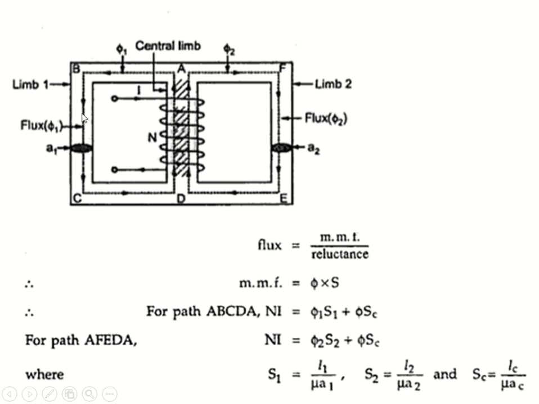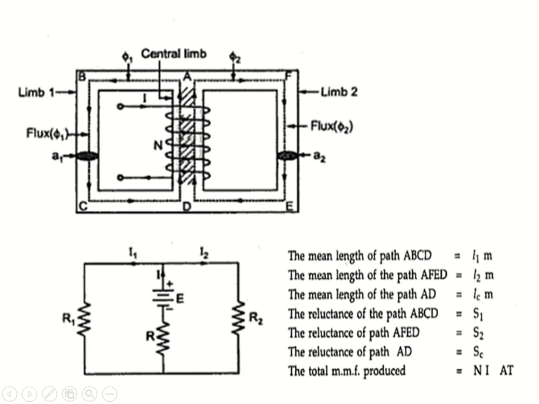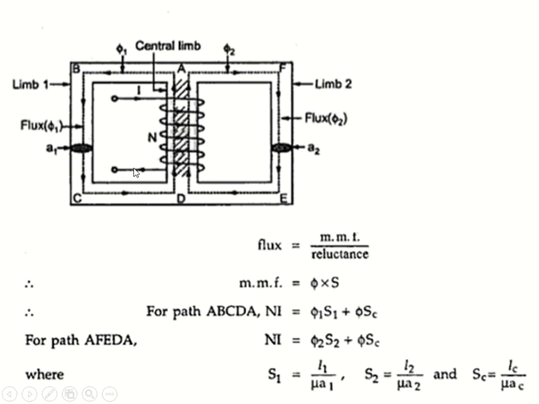So how will you find the MMF equation of this limb? Consider this as an electric circuit. How will you apply the Kirchhoff law? E equals I into R plus I1 into R1. This is the EMF of this limb, and here E equals I2 R2 plus I into R. In a similar way you can find the MMF equation.